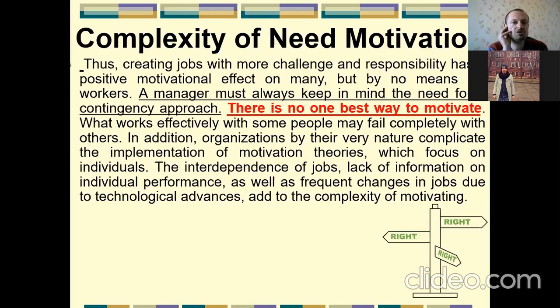And the contingency approach says that there is no one best way to manage your organization. So it means that it is possible to use one theory of motivating, but this theory will provide different rewards for different types of subordinates. It is the contingency approach.